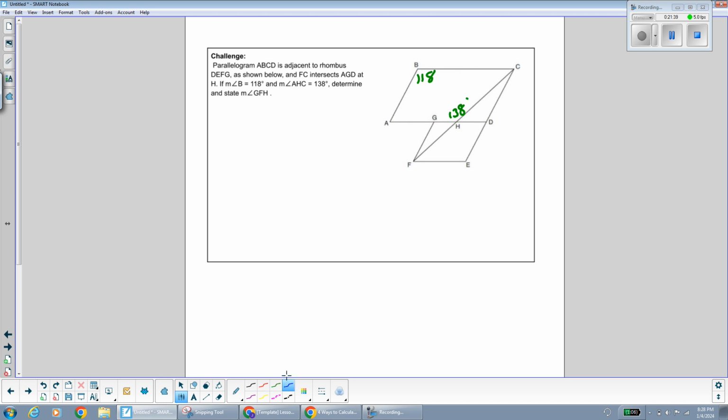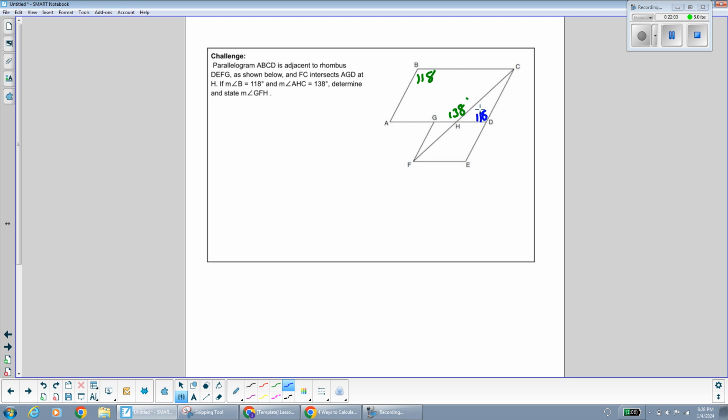Since ABCD is a parallelogram, opposite angles are congruent. So if angle B is 118, its opposite angle D will also be 118 degrees. We also know that consecutive angles in a parallelogram are supplementary.